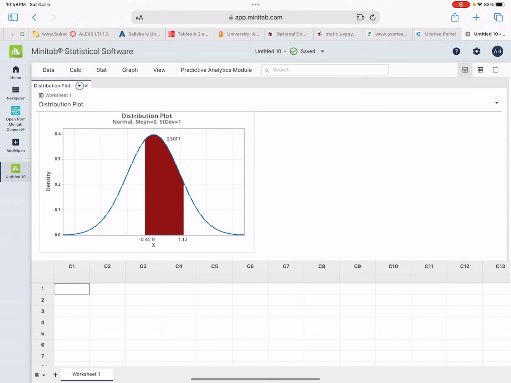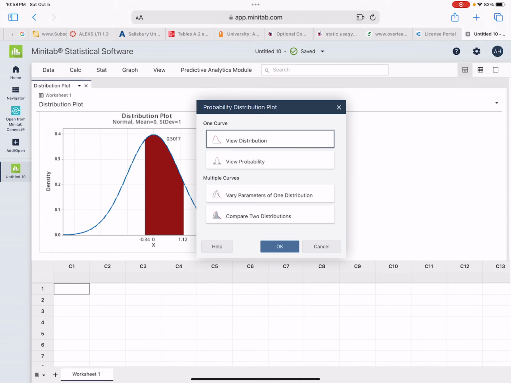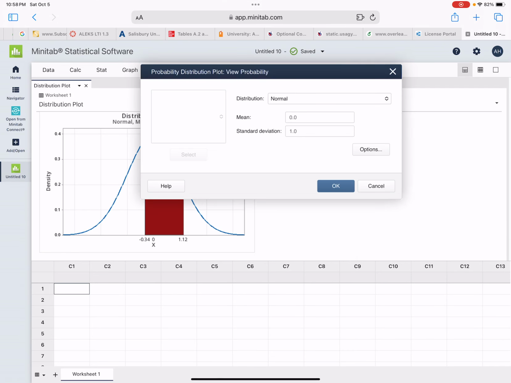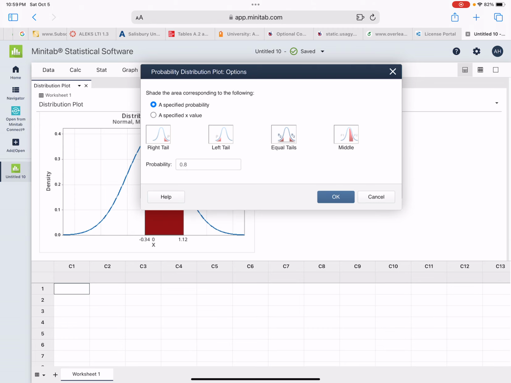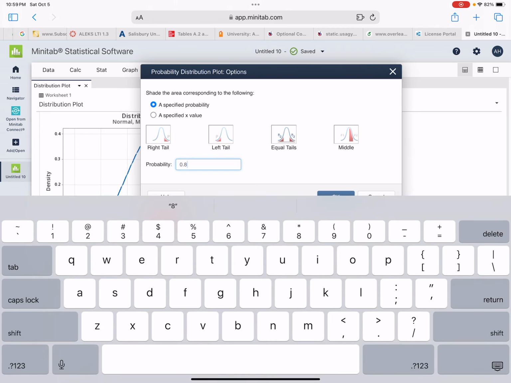Or what you can just do is use Minitab, which I'm going to do: graph, probability distribution plot, view probability, options, and we are going to do specified probability. Wait, this one, let me see how we do this one. Actually, I think we want to just do equal tails for this one. Now, equal tails for this one, and we just want to be a little careful.